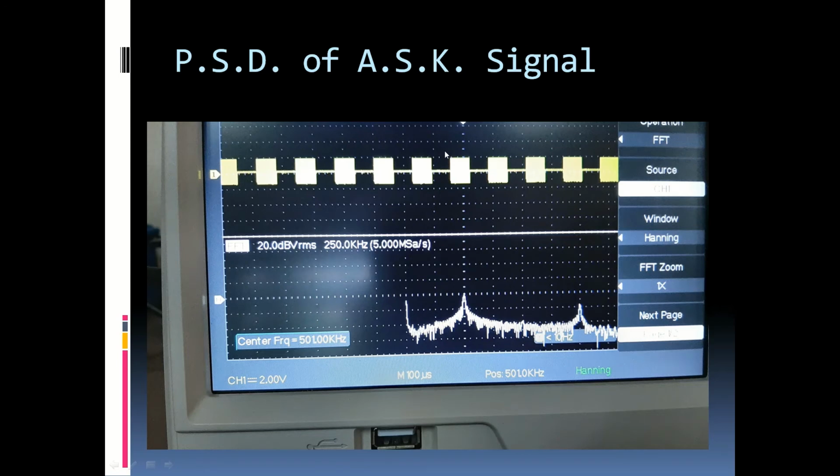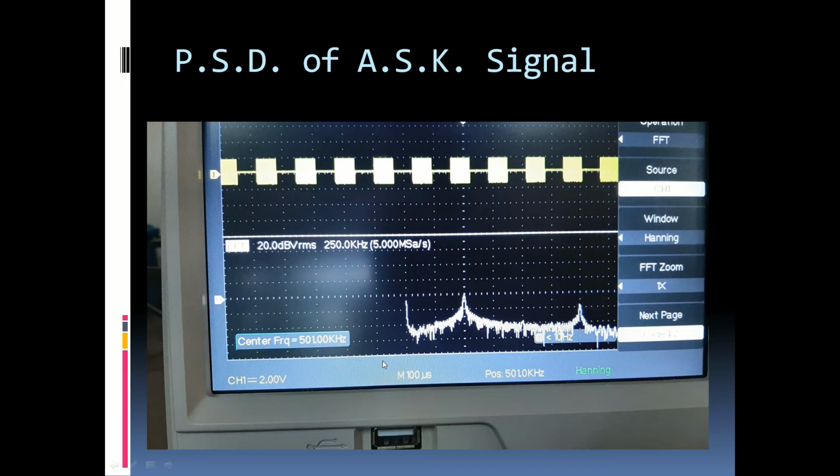If we want to analyze the power spectral density of this signal, we can do so by setting the math function in the FFT mode on the oscilloscope that's available with us. The typical ASK modulated signal is shown in the upper window, and the FFT signal is shown in the lower window on the DSO. We have to set the center frequency to where we observe the peak.